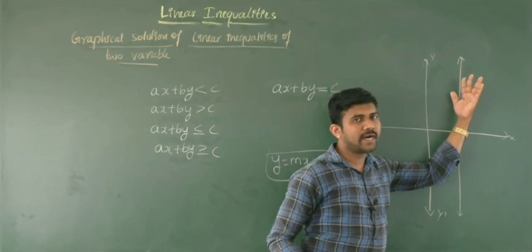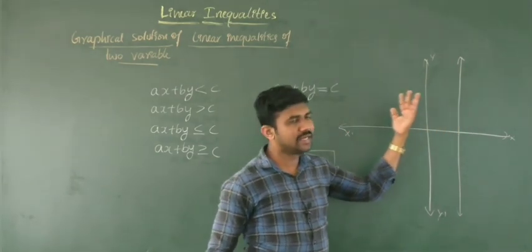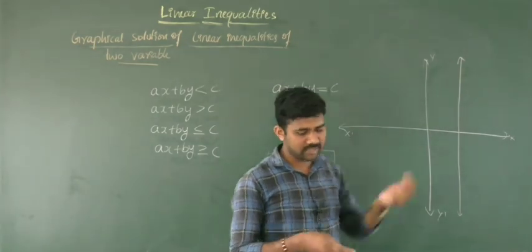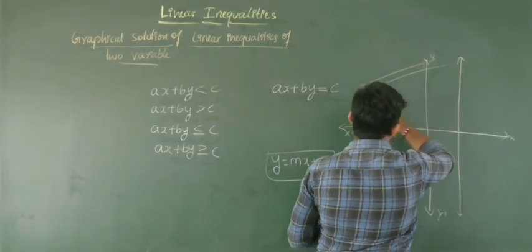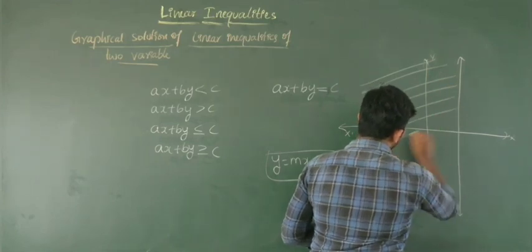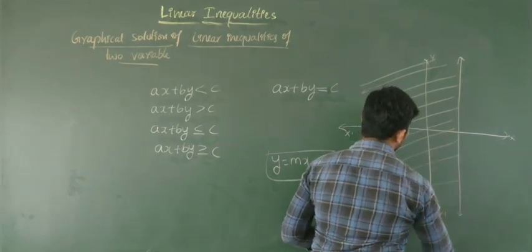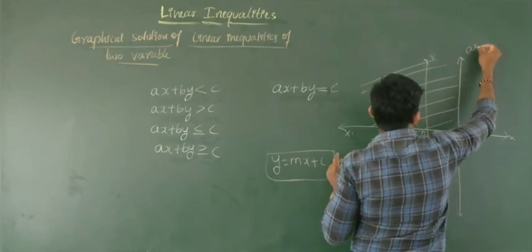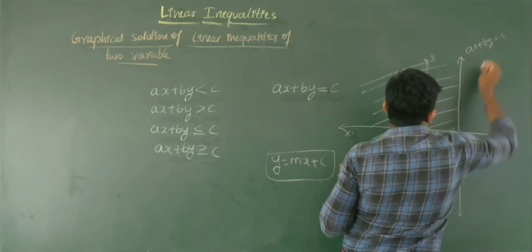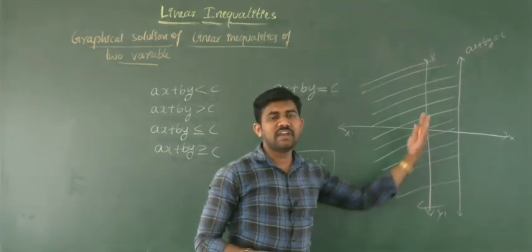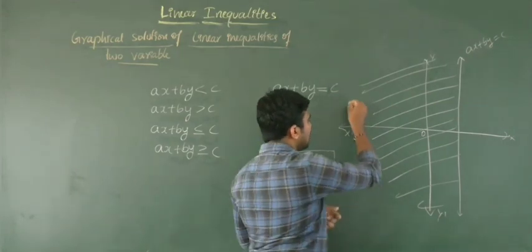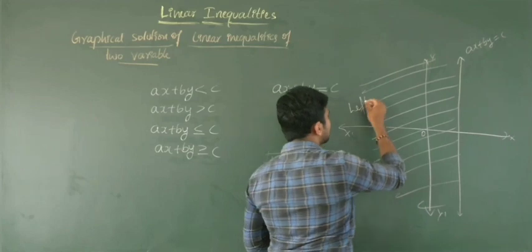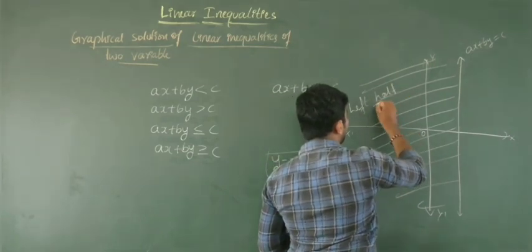The region obtained on the left side of the line is called the left half plane, because this is half of the plane. This is the origin, and this is the line ax plus by is equal to c. The region obtained on the left side of the line is called the left half plane.